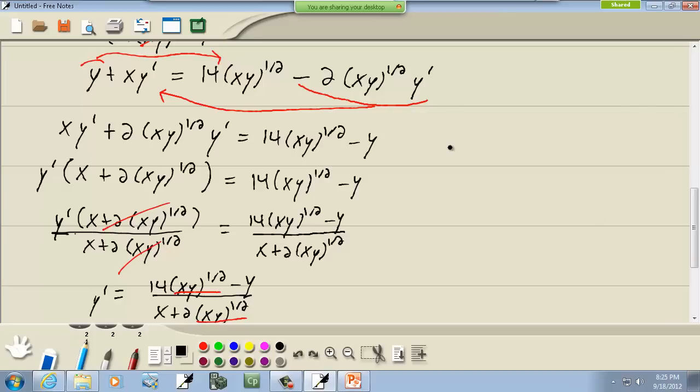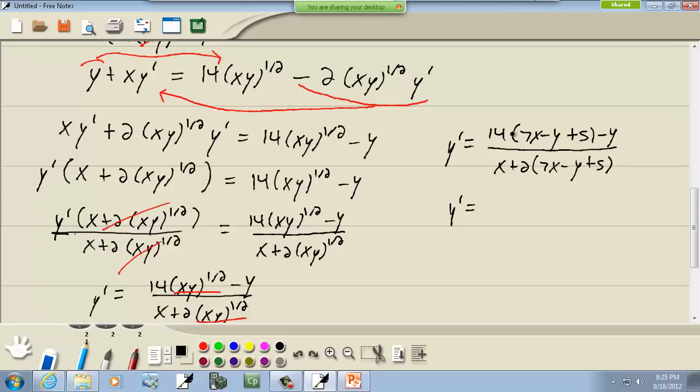Okay, so we found that y prime is equal to 14 times 7x minus y plus 5 minus y over x plus 2 times 7x minus y plus 5.